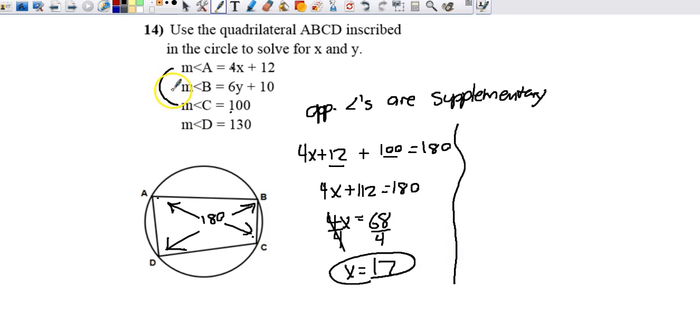We do the same thing with y. All right, B and D are linked together. They add to 180. Combine your like terms.